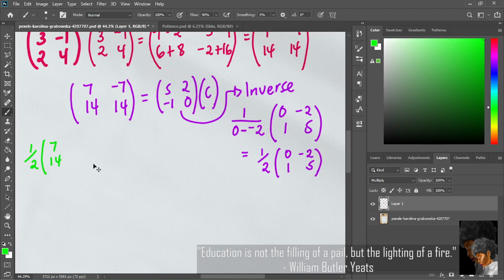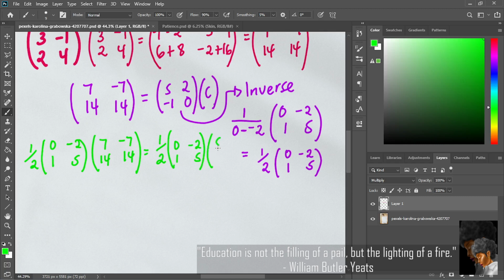The inverse itself, which in this particular case is 0, 1, negative 2, 5, we pre-multiply on this side, 7, 14, negative 7, 14, is equal to, we do the same on this side, pre-multiply. It has to come first because matrices are order specific. This multiplied by 5, negative 1, 2, 0, then multiplied by C.